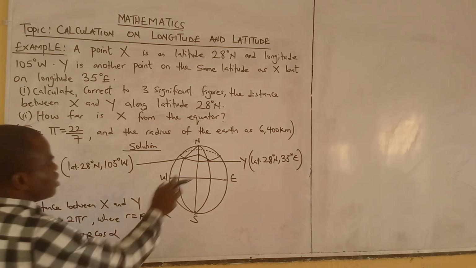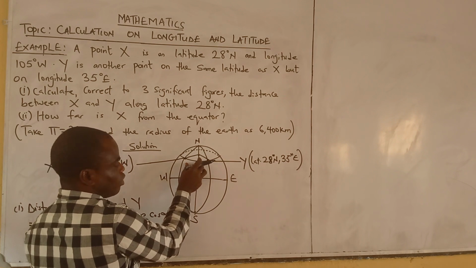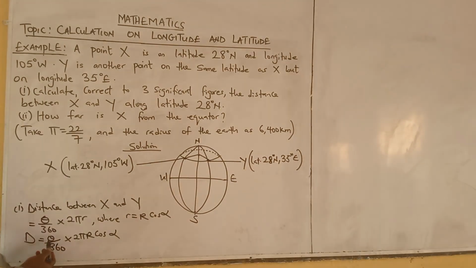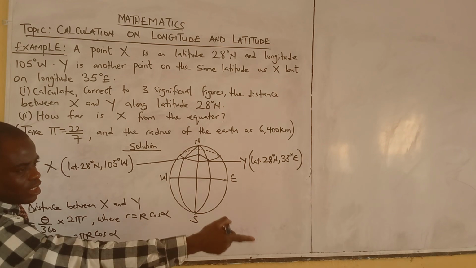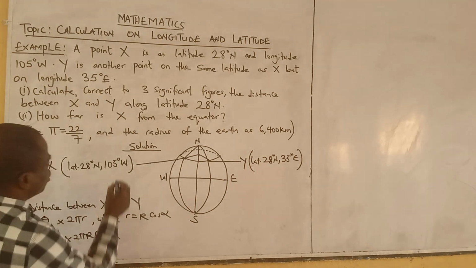When you are calculating distance along latitude, your theta, this angle, will be at the longitude. And you have to look at the direction.